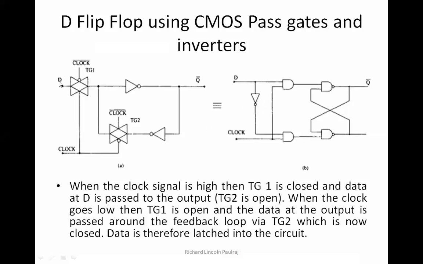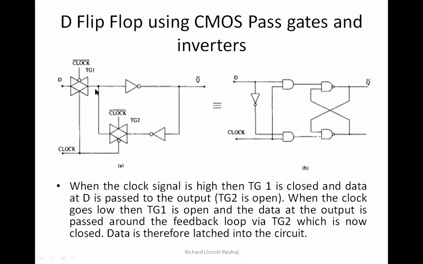So here we give our input D, and clock is commonly given to both our gates. During passing of the input, if it's a low valued input, then it will pass through an NMOS. If it's a high valued input, then it is going to pass through your PMOS.